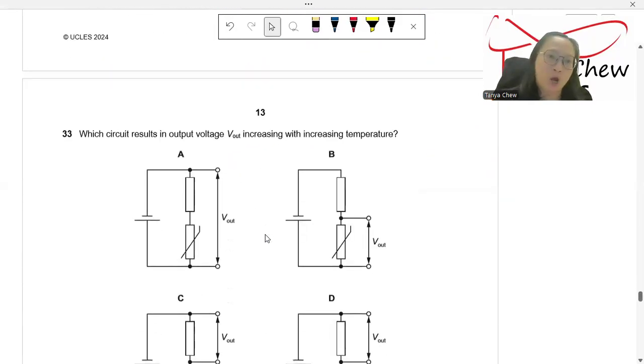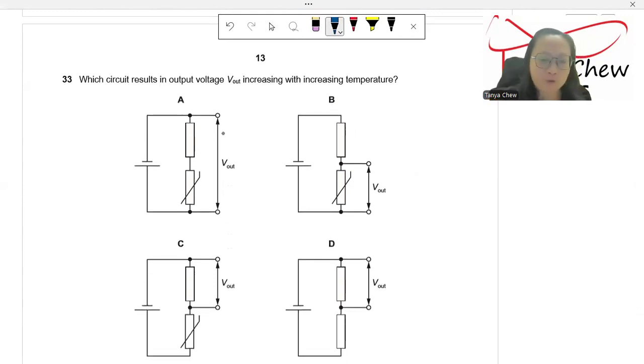Question 33. Which circuit results in output voltage increasing with increasing temperature? So for A, the output voltage is actually measuring the input voltage. So that is not true. For B, I look at the output voltage. I'm using the potential divider concept.